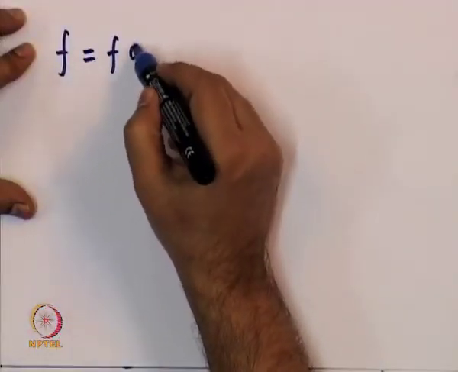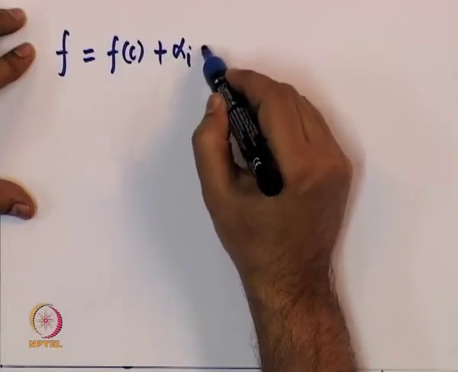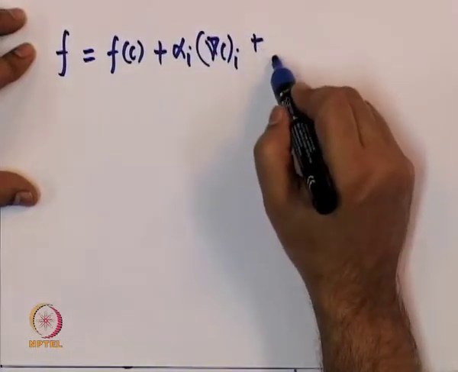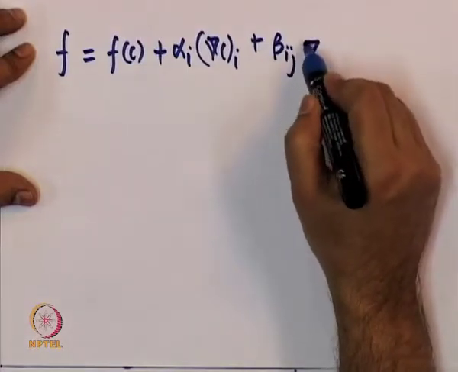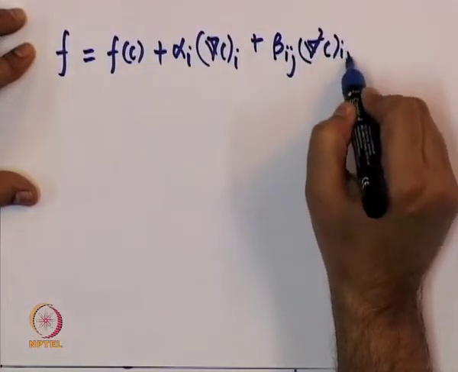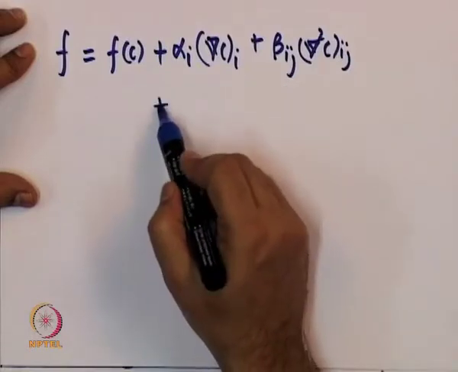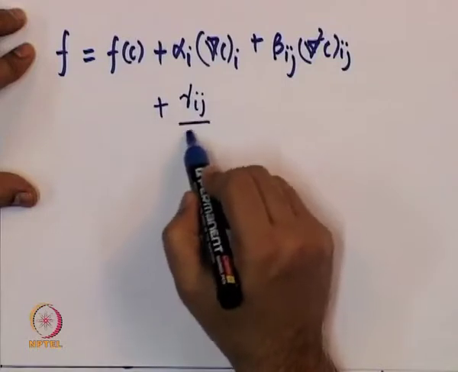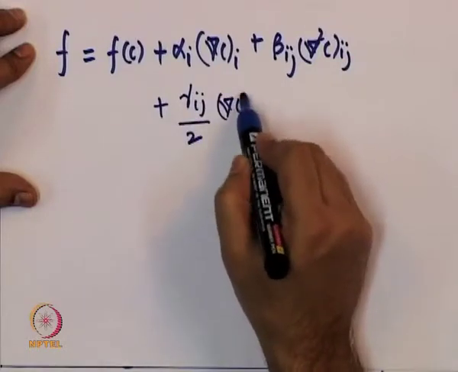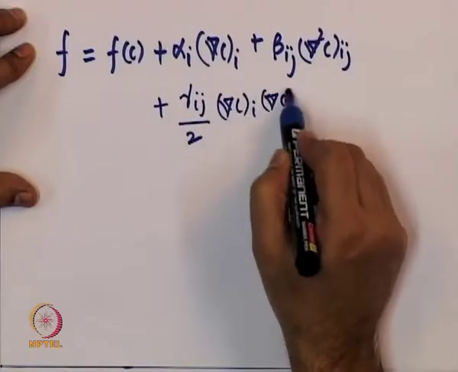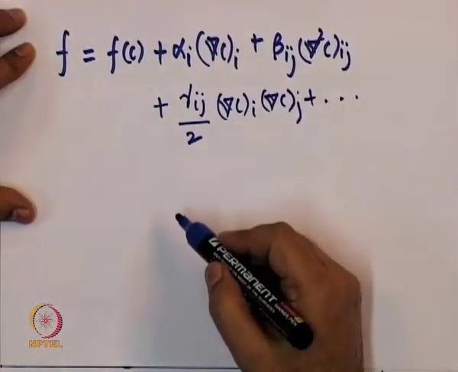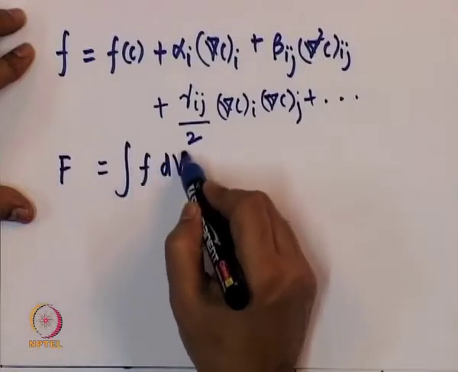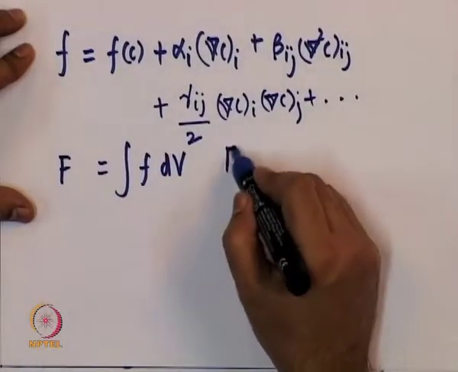This is f of c plus alpha i del C i plus beta i j del squared C i j, where we are assuming the Einstein summation convention, plus gamma i j by 2 del C i del C j plus so on. So, the total free energy is nothing but F dV. So, this is the free energy functional.